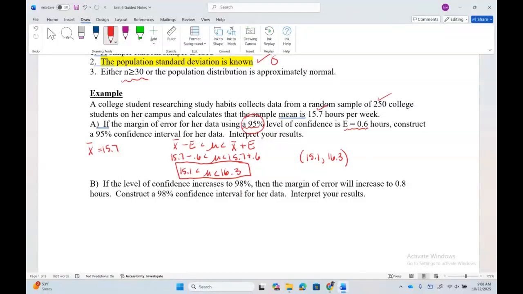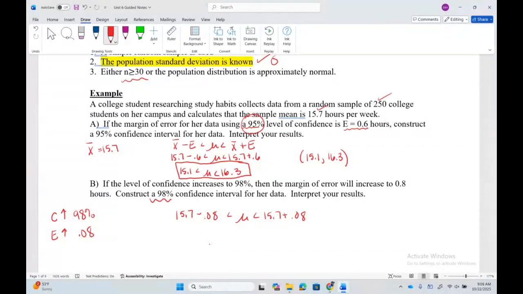Okay, now our level of confidence is going to increase. I'm going to be 98%, and my margin of error also increases when this happens, now to 0.8. So if I want to be 98% confident, I'm going to have a bigger range of numbers here. Now I'm going to subtract 0.8, and I'm going to add 0.8.